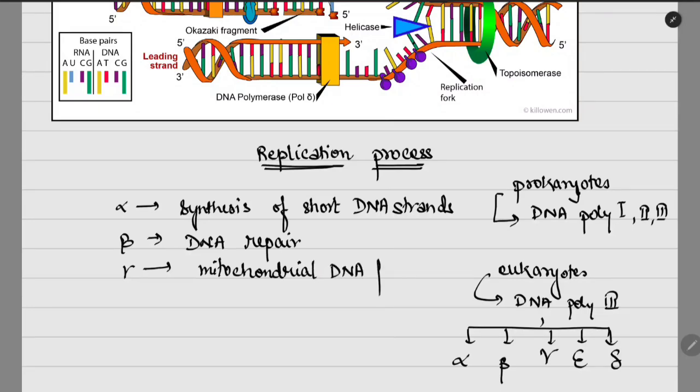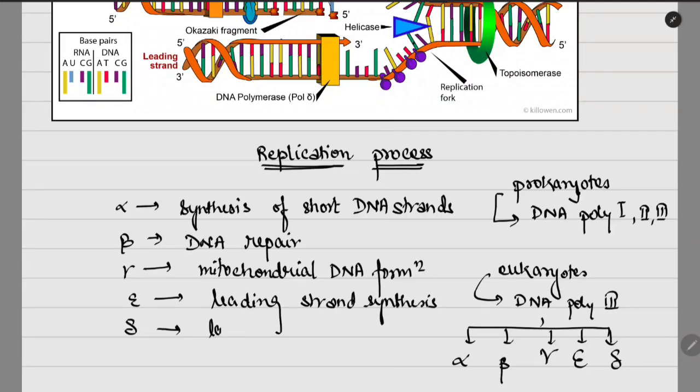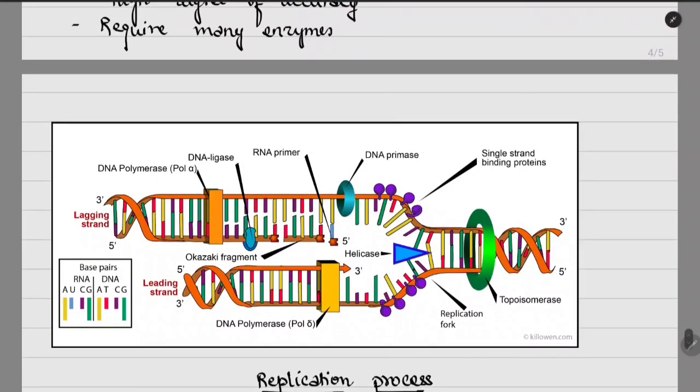The epsilon has the function of leading strand synthesis. Now, what is leading strand and what is lagging strand? I will discuss it along with the diagram. And the last one, delta, is lagging strand synthesis. Okay.